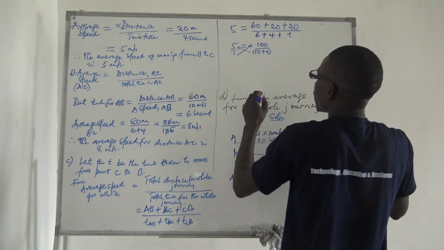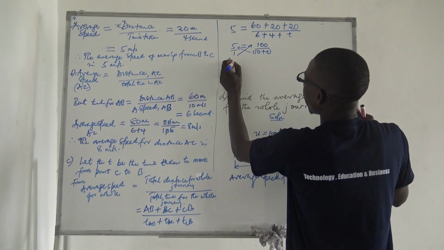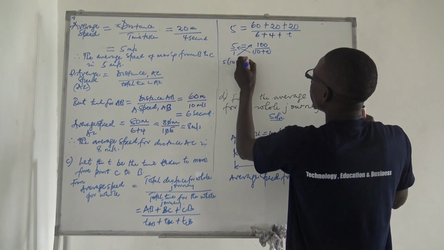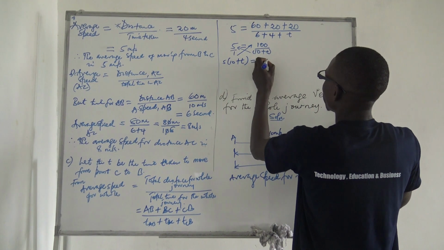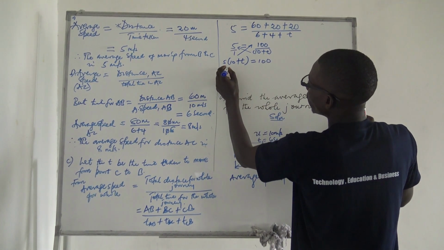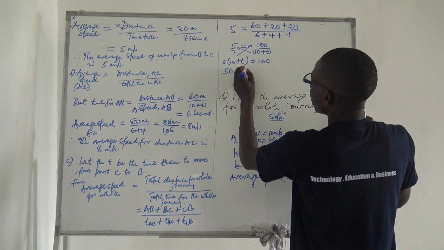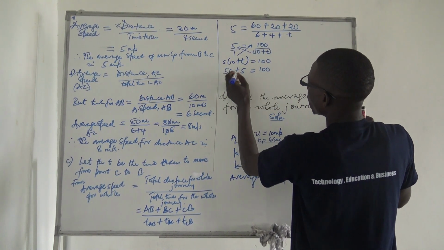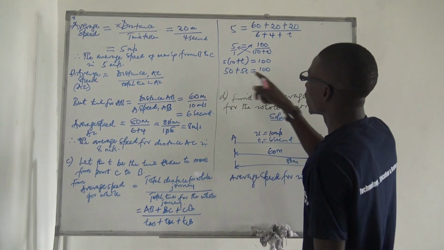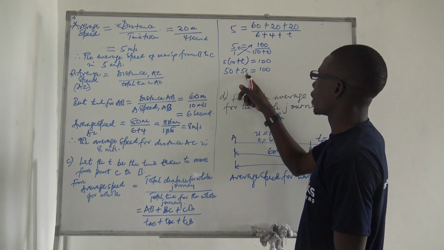I can now say 5 into 10 plus T is equaling to 100. And now you can open bracket and say it is 50 plus 5T equaling to 100. Is that okay? This is 5 times 10, 50. 5 times T, 5T.